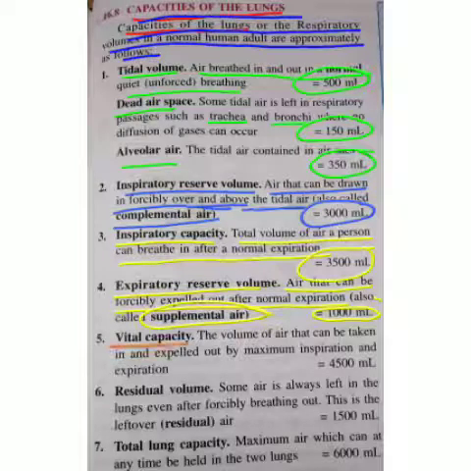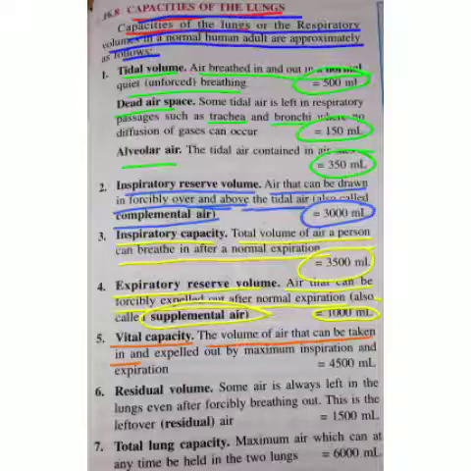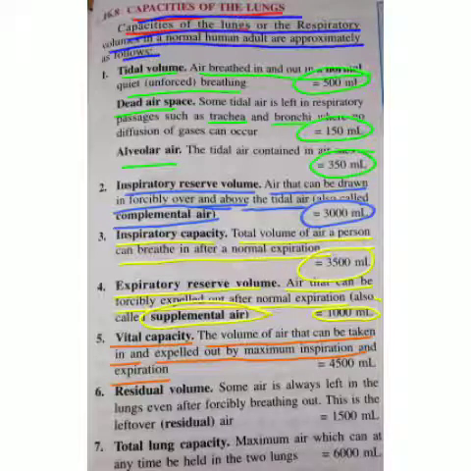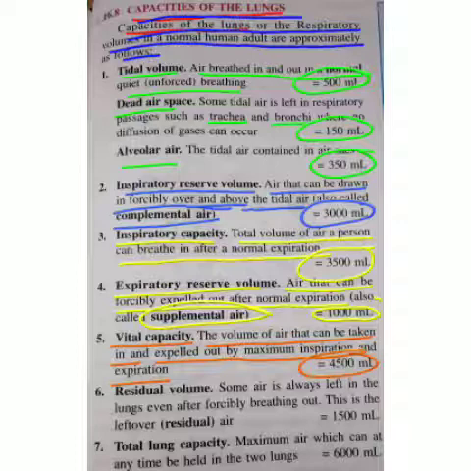Next is vital capacity. So here the volume of air that can be taken in and expelled out by maximum inspiration and expiration, that is 4500 milliliters. Next is residual volume.